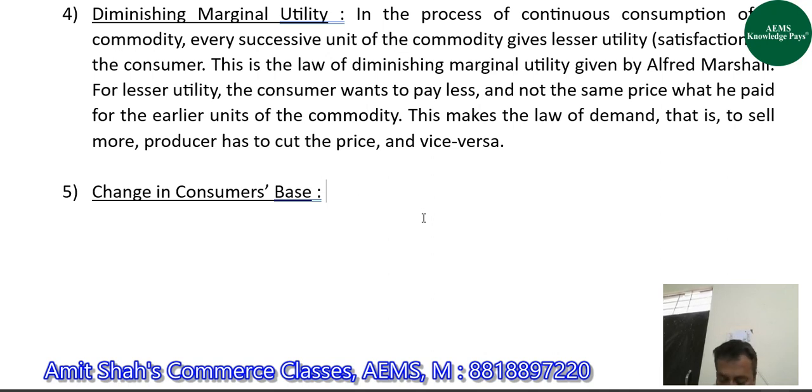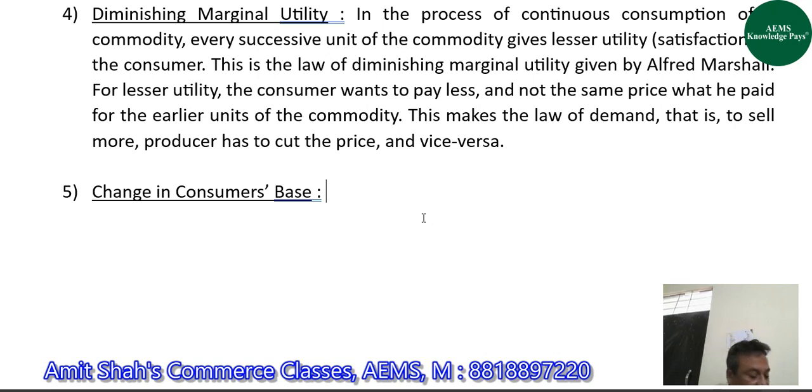Let's say a particular brand of basmati rice is available at rupees 120 per kg. In a small city, let's say 500 families purchase that basmati rice every month. Total consumption of basmati rice in that particular city is, let's say, 500 kgs a month.